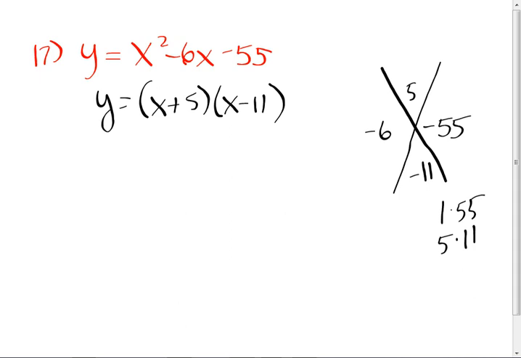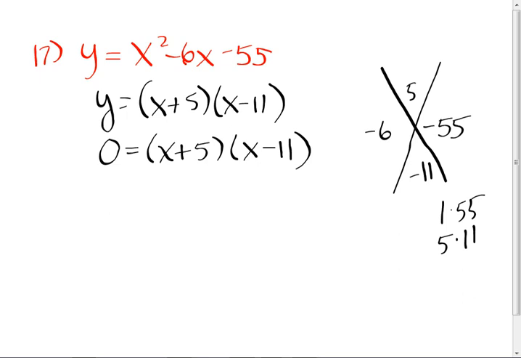Okay, Emily, where are the intercepts? X-intercepts. That's the first thing we do. We find the x-intercepts. So 0 equals x plus 5 times x minus 11, because that's what's true about an x-intercept. What values of x make that true? I'm solving.